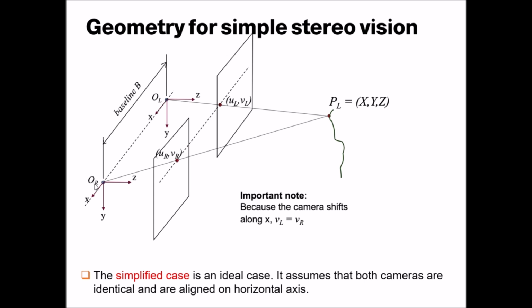O here comes from the optical center, so we have OL and OR, or camera L and camera R. You can see the dimensions X, Y, X, Y, and this is the depth Z, which goes like this.